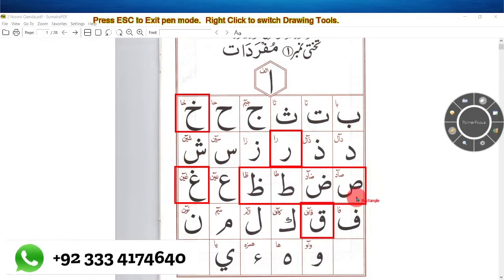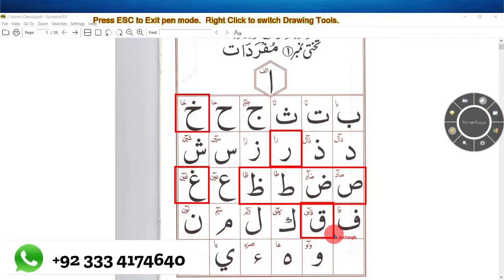Sheen, Sad. In the letter Sad, we place the tip of the tongue at the back side of the bottom front two teeth. Sad, Dad. The left side of the tongue will be touching the left roof of the mouth. Ta, Za, Ain, Ghain, Fa, Qaf, Kaf, Lam, Mim, Noon, Waw, Ha, Hamzah, Ya.